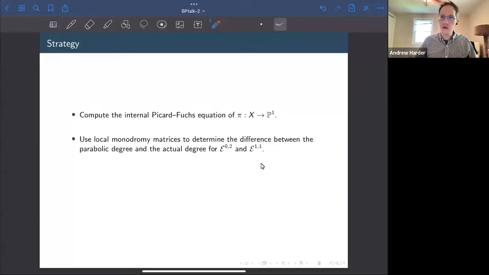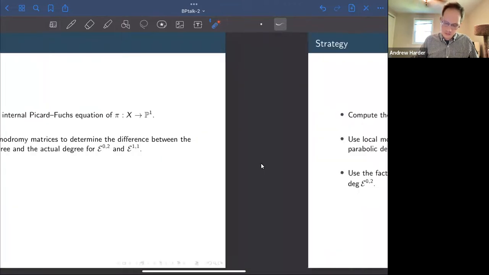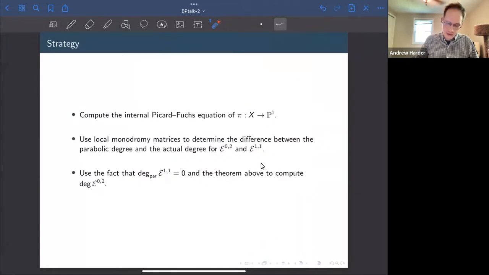I use things like the local monodromy matrices, which can be extracted from the Picard-Fuchs equation and its local or characteristic exponents, to determine the difference between the parabolic degree and the actual degree for both the E02 bundle and E11. Then I use the fact that the parabolic degree of E11 is 0, and the theorem that I listed on the previous slide, to compute the degree of E02. So that's the tactic. We put all this together and we see that we can actually compute everything.